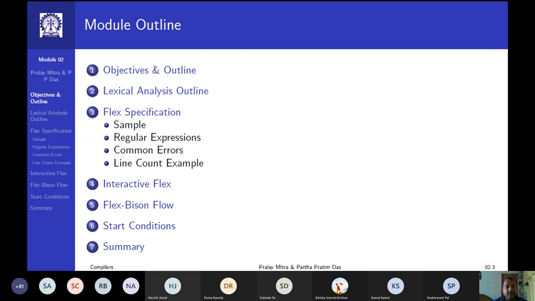That's why I send emails to the backlog students also. Having only the laboratory is not a good idea. It is mandatory to attend the theory classes, otherwise it is not possible for you to do the laboratory. After discussing the Flex specification, the interactive Flex Bison flow will follow. Bison will come for the parsing process, which we will start next week, and the start conditions and summary will be covered.